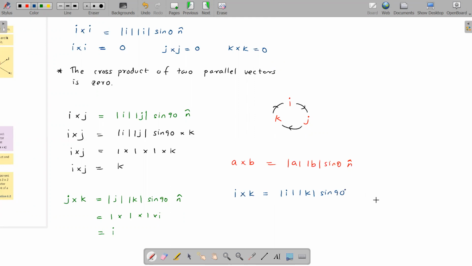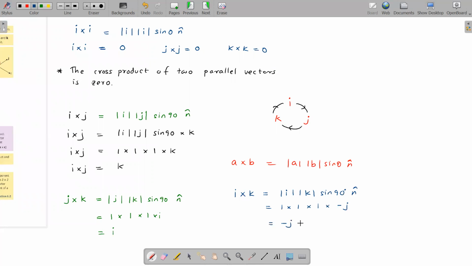Now you have to decide whether n hat is positive j or negative j. Modulus i is 1, modulus k is 1, sine 90 is 1, what's the n hat? When you go i cross k, you can clearly see you are going the other way, which means it is negative j, because j is the vector which is perpendicular to both i and k. So i cross k is minus j.